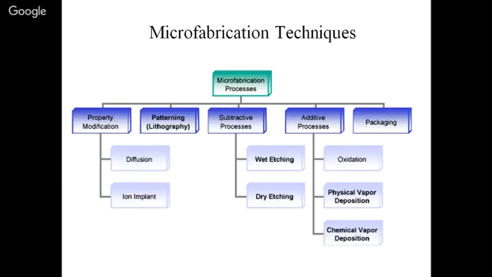It is a process by which ions of a material are accelerated in an electrical field and impacted into a solid. This process is used to change the physical, chemical, or electrical properties of the solid.